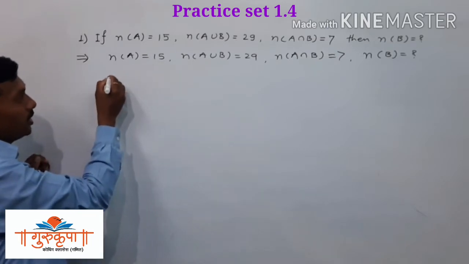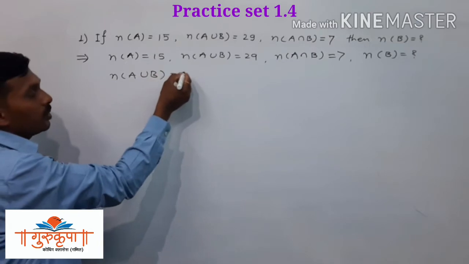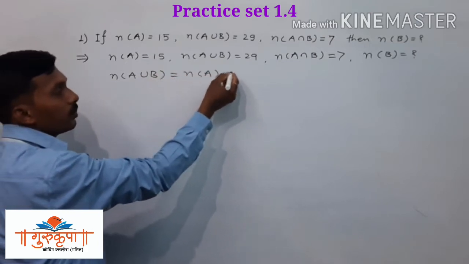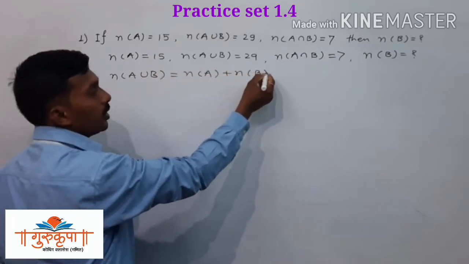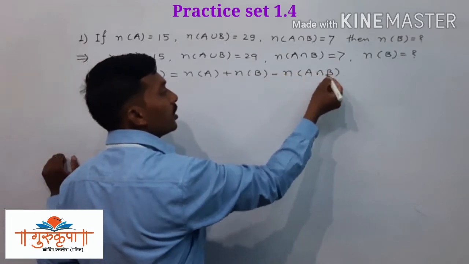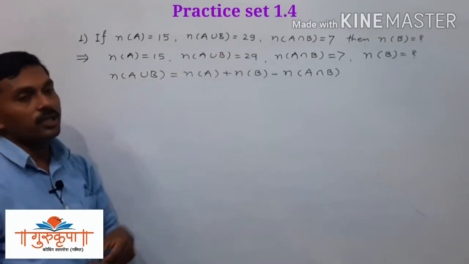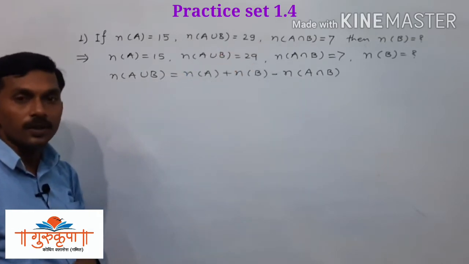The identity is n(A union B) = n(A) + n(B) minus n(A intersection B). Now put the values in this identity and find the number of elements in the set B.